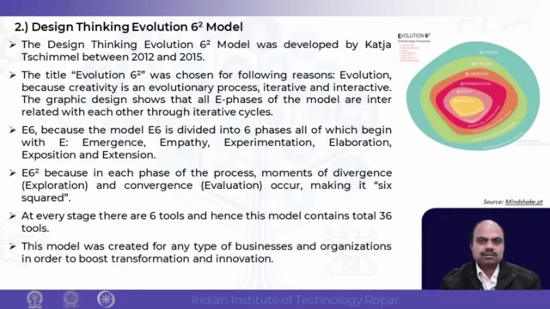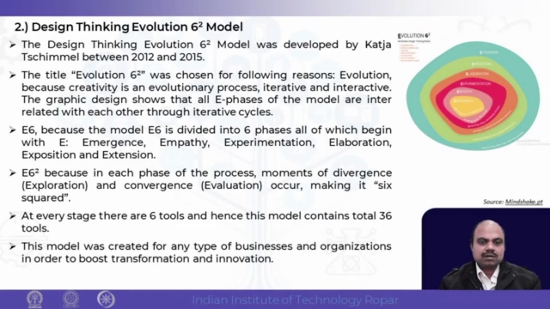The next model which we are going to discuss today is called the Design Thinking Evaluation 6 Square model. The Design Thinking 6 Square model was developed by Pitze between 2012 and 2015. So you can see it's quite a new model.